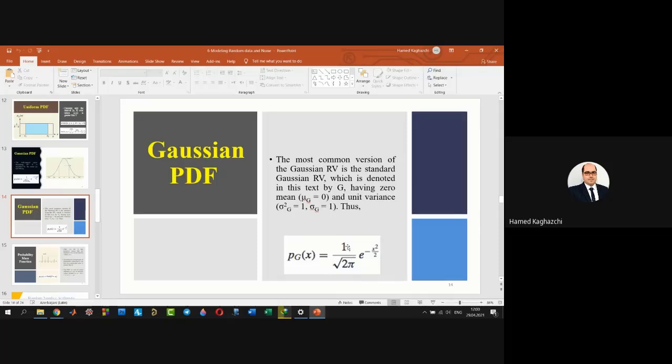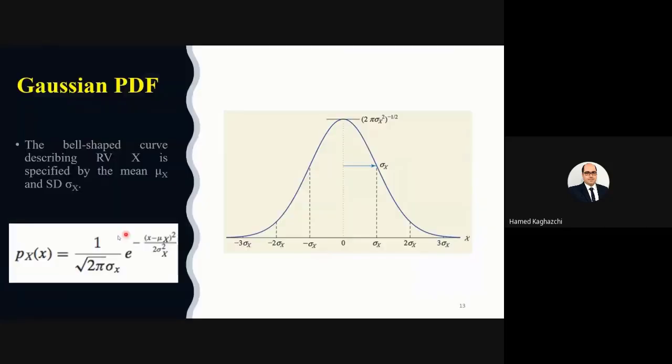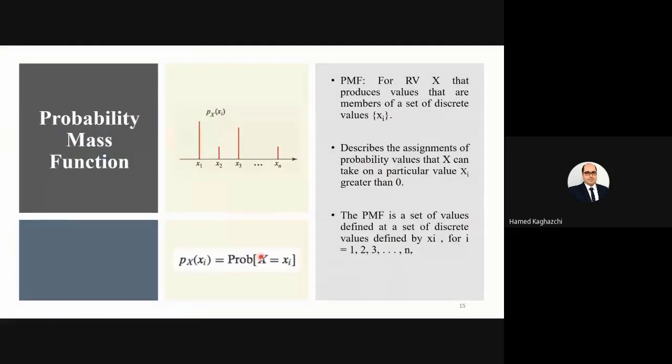I can say that 1 divided by square root of 2 pi times e to the power of minus x squared divided by 2. I substituted 0 instead of mu and 1 instead of the standard deviation.